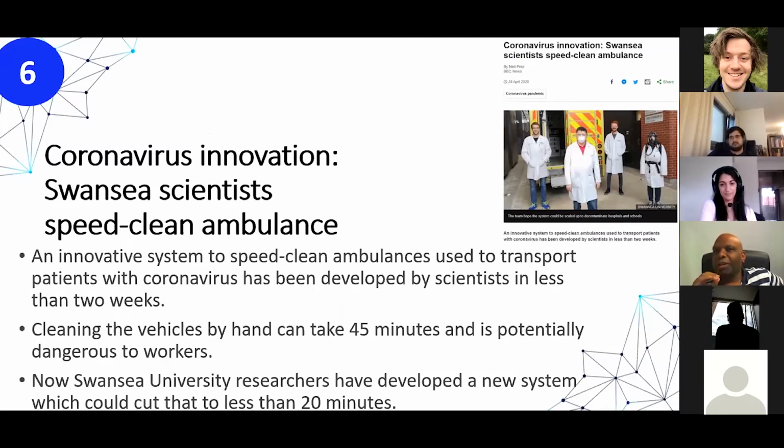This is not including the stress and strain for the ambulance staff, and also the downtime, because for 45 minutes, that particular vehicle is out of service, so they need to have enough ambulance units to cover the area. And this whole thing has halved, or more, less than half the time that it usually used to take. So it's now within 20 minutes they're able to do it.